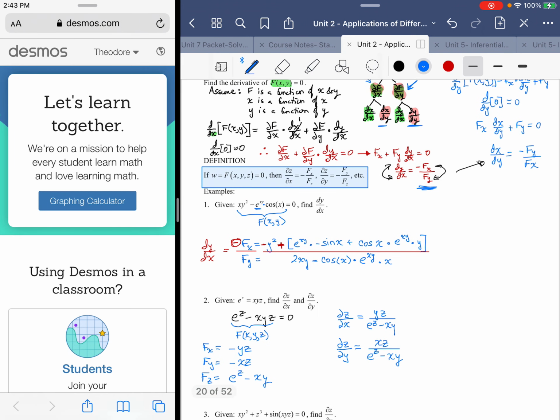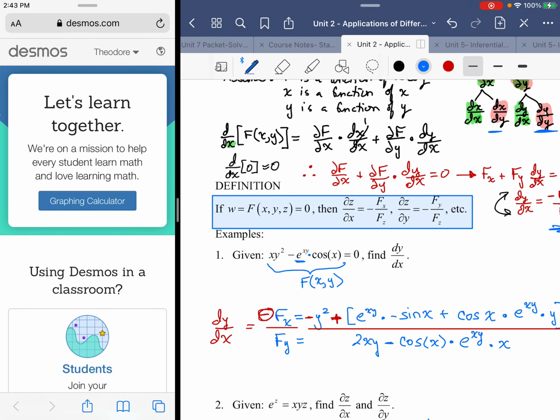And in a lot of ways, we're taking a good amount of this on faith, but that's why we start off with the stuff that we can verify. For number one, you could use good old-fashioned implicit differentiation, like from Calc 1, and in that process, solve for dy dx.